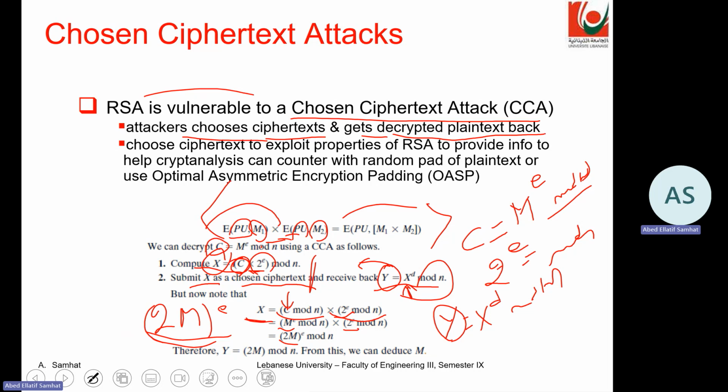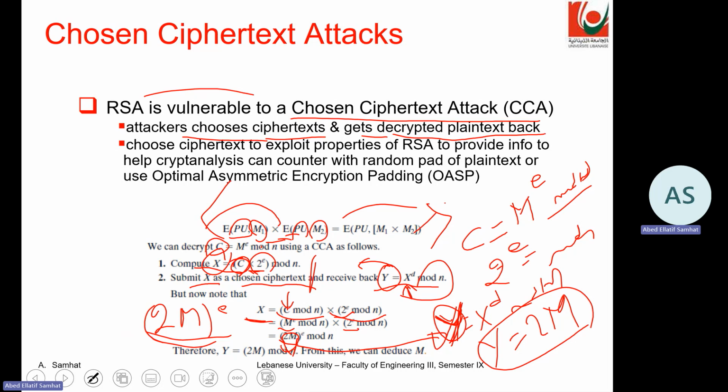So X is the encryption of 2M. If we decrypt this X, we obtain Y, which equals 2M. So when receiving Y, the attacker will deduce M, because Y is 2M, the double of M. So this is a kind of attack, and we consider that RSA is vulnerable to this kind of attack.